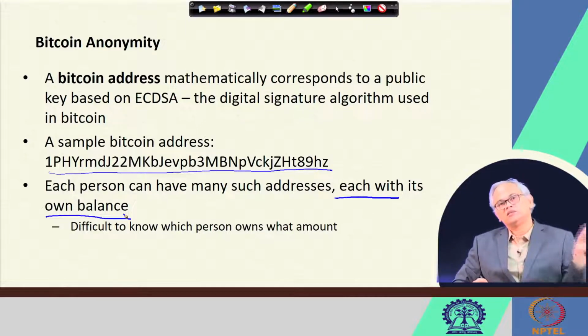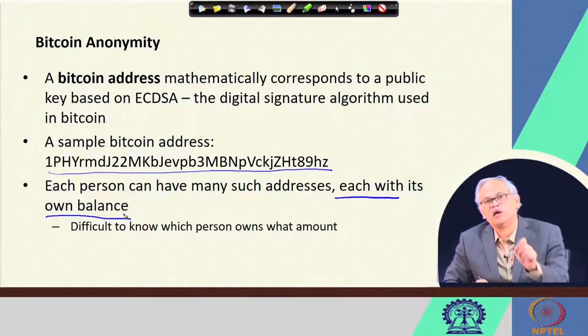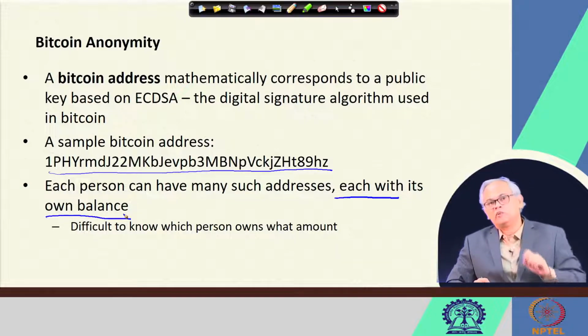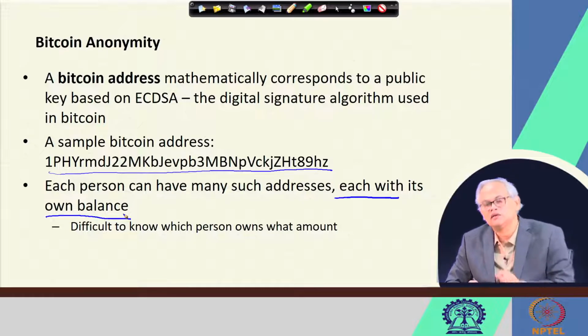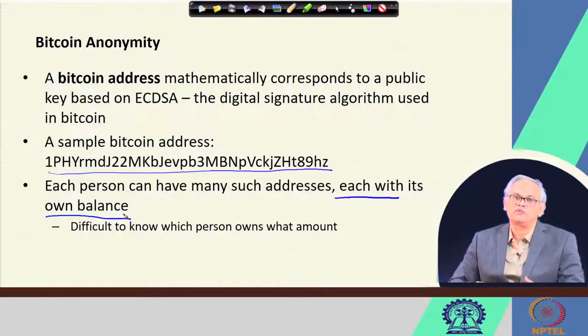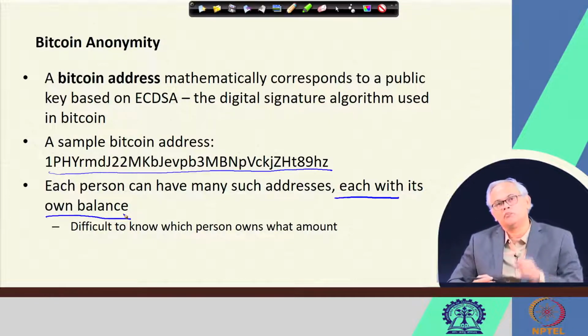So, if Alice pays 10 bitcoins to one particular public key hash, say public key hash 1 of Bob, and then Carol makes some more payments of say 30 bitcoins to Bob to another public key hash, then of course their balances would be different, and when Bob wants to pay, Bob will have to ensure that Bob pays individually from each of those addresses to which the payments were received.